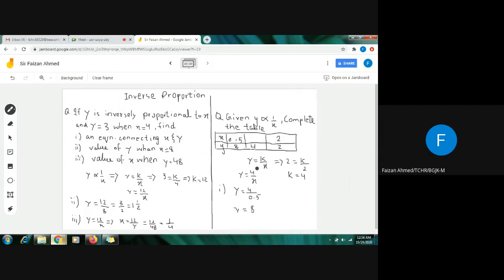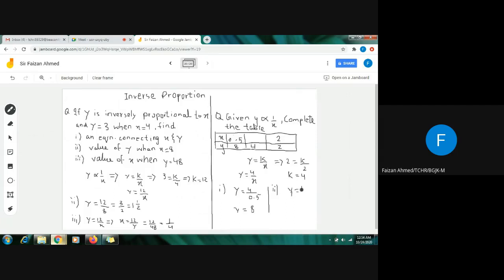Moving on to the second part. The second part is basically I have to find the value of x, y is given to me. I will start by rewriting the equation y equals k upon x.